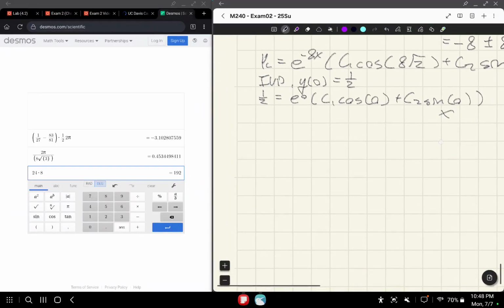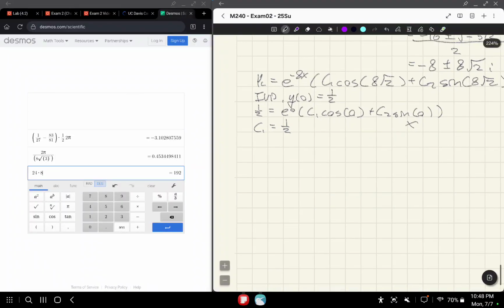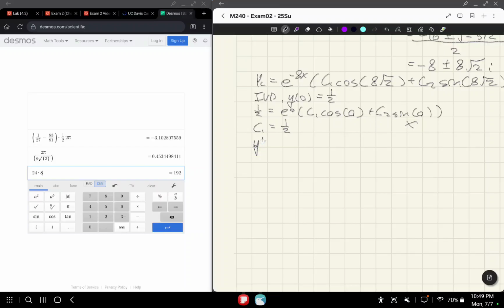The sine cancels out, so just like the first one, C1 is equal to 1/2. But the shortcut we did for part A we can't do anymore, because when we take the derivative we need the product rule, and C2 won't cancel out, and we'll actually have a value.